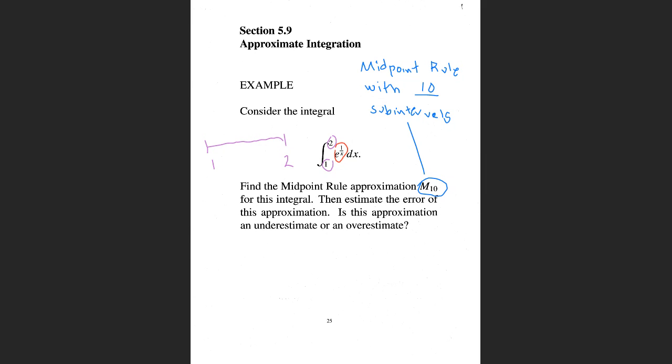We're going to get an approximation. We're going to find out what the midpoint rule approximation is, and then we'll determine if the approximation underestimates or overestimates the true value of that integral. Are there any questions?